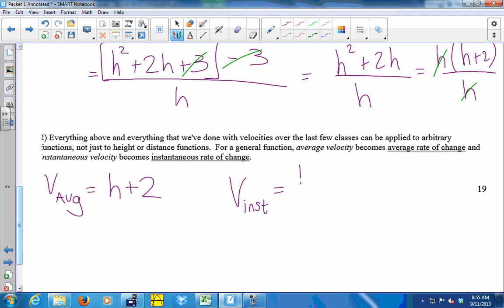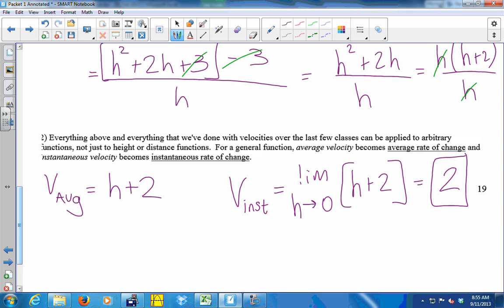So I'm going to take the limit as h approaches 0 of my average velocity of h plus 2. So what happens to h plus 2 as h goes to 0? It equals 2. And that is exactly the value that we guessed from the two average velocities that we calculated.